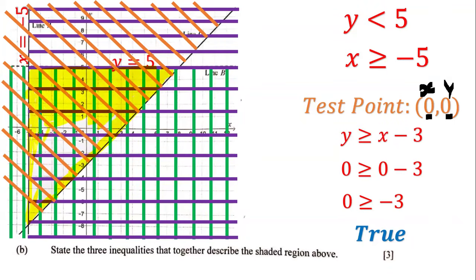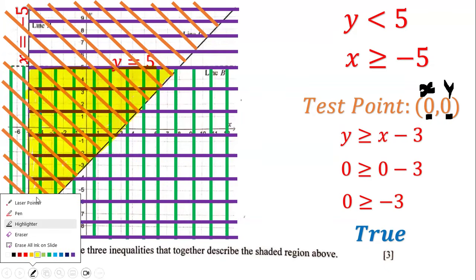So that means that we could use those three inequalities to describe the shaded region, okay? And so all this right here is where these three colors intersect, right?